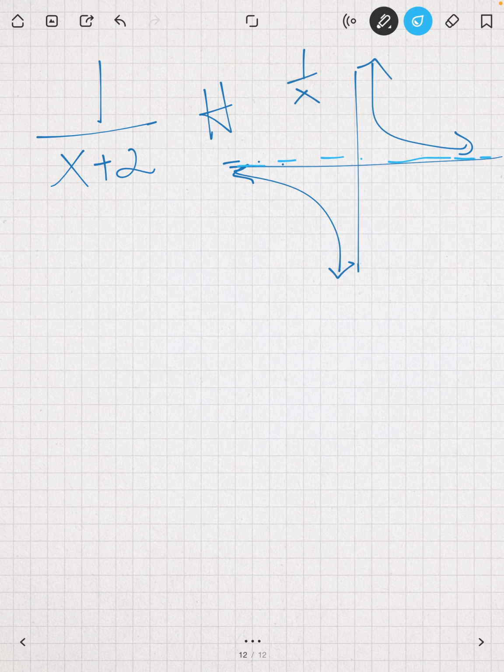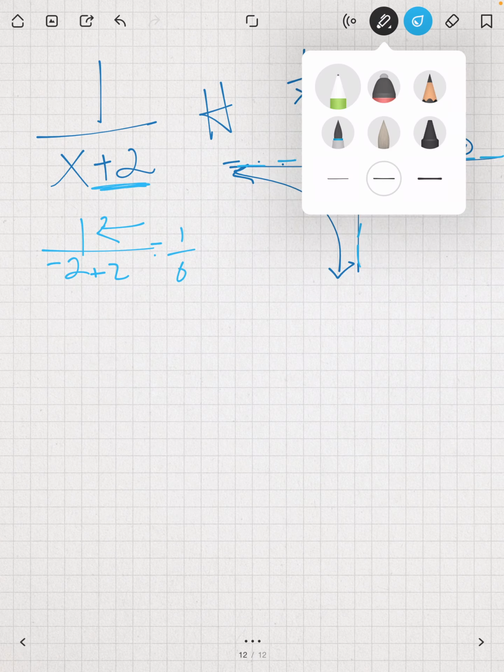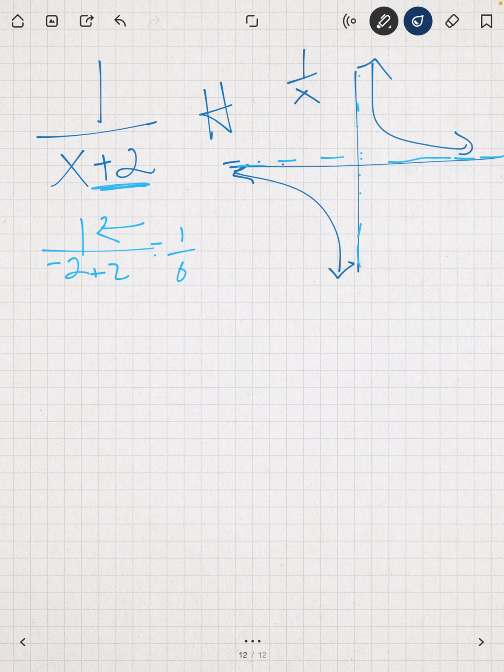It has an asymptote here at x equals 0, and at y equals 0. And what we're going to do is shift it 2 units to the left, because at negative 2 is where we get our 1 over 0.